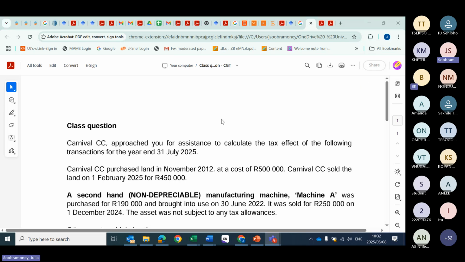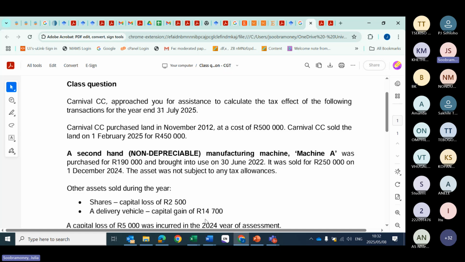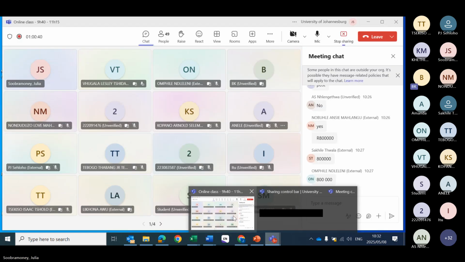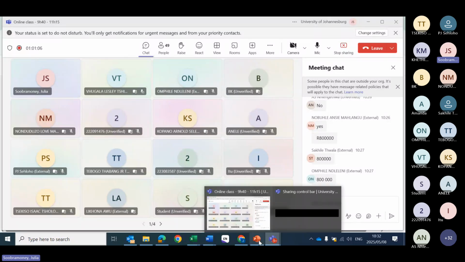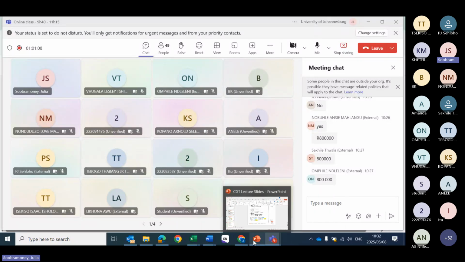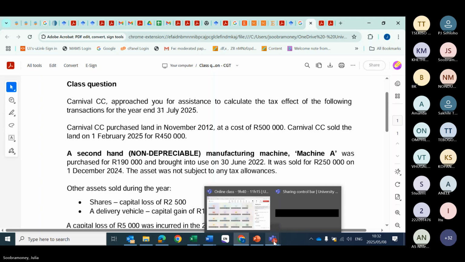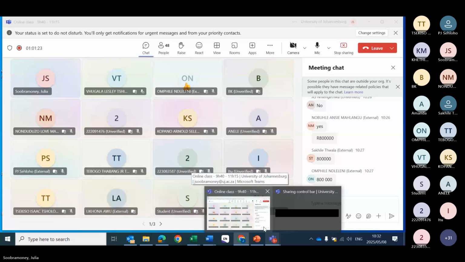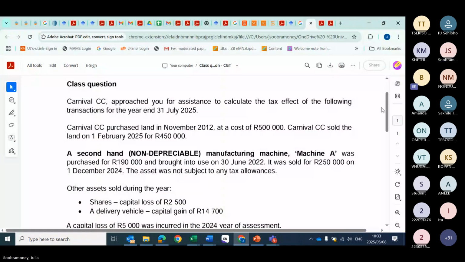Can everyone see my class question? Carnival. It says Carnival. Is everyone able to see it? Well, now I'm back on the main screen, but I can't go through both screens. So if you can just let me know if you're able to see it. Yes. Okay, thank you for that. We're able to see it. So let's do this question quickly.